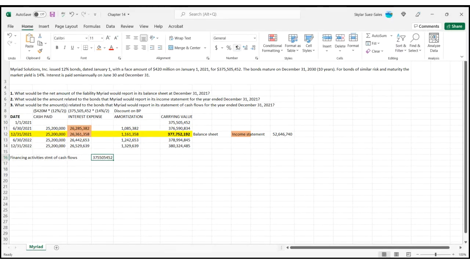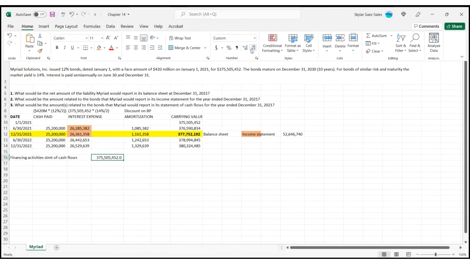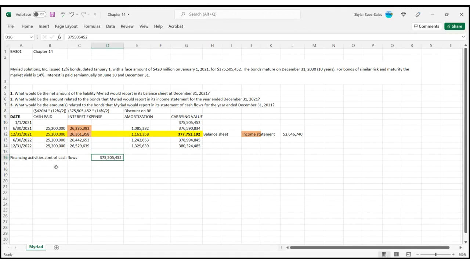So amounts received from creditors and amounts paid to creditors will be reported under financing, while the interest is reported under operating activities, which was 52,000.